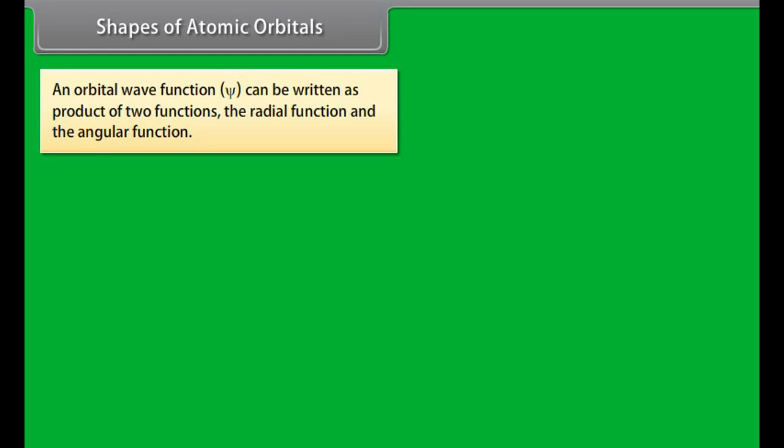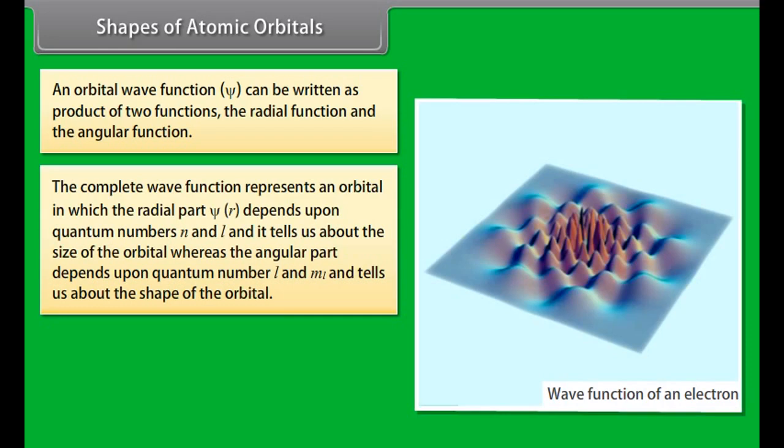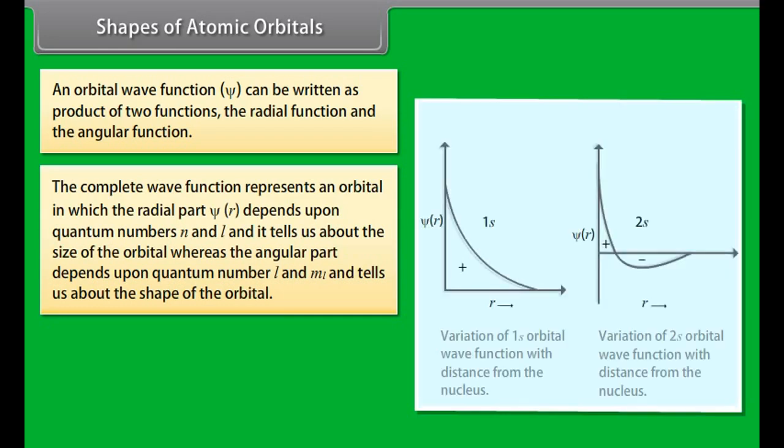Shapes of atomic orbitals. An orbital wave function psi can be written as a product of two functions, the radial function and the angular function. So, the complete wave function represents an orbital in which the radial part, psi(r), depends upon quantum numbers n and l, and it tells us about the size of the orbital, whereas the angular part depends upon quantum numbers l and ml and tells us about the shape of the orbital.